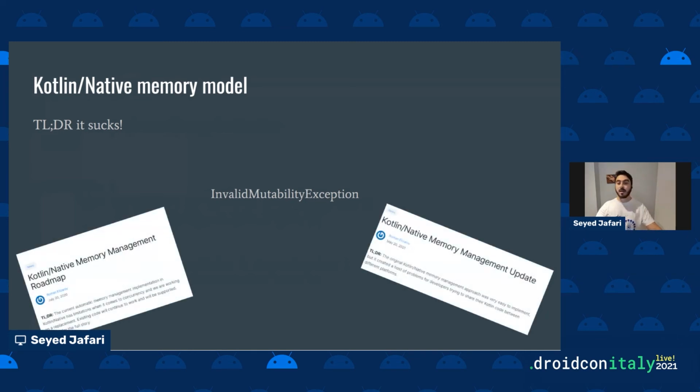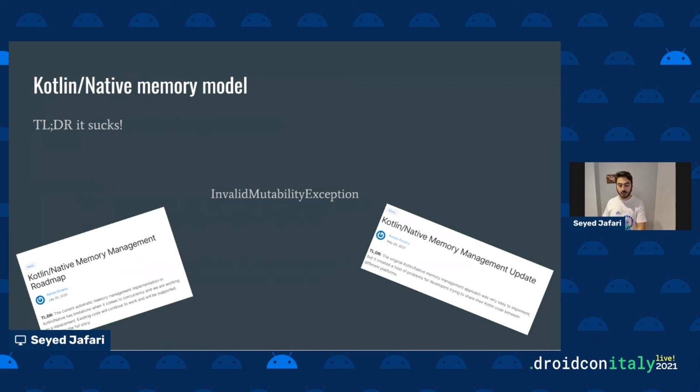But again, worry not, because JetBrains noticed it a long time ago, I think one year ago, and they are working on it, and it's actually already alpha. So definitely check it out. But you don't have to worry too much. If you want to get started with KMP and you don't want to deal with threading, don't worry.